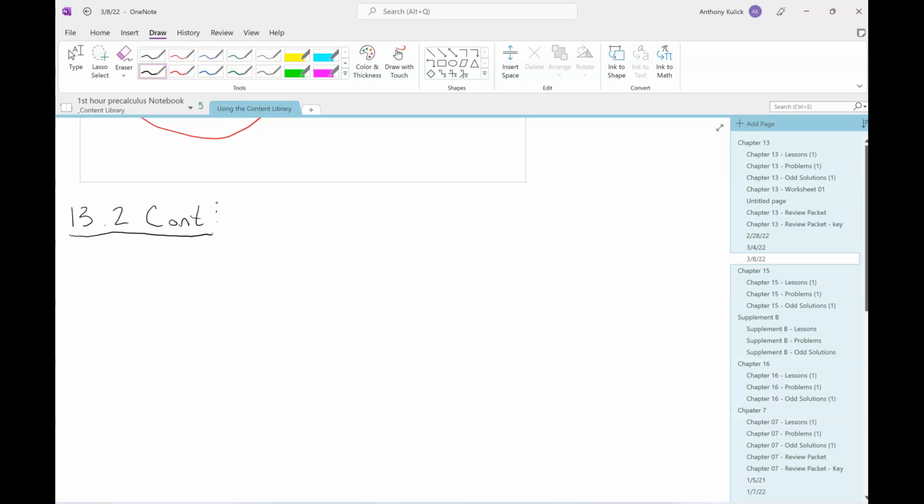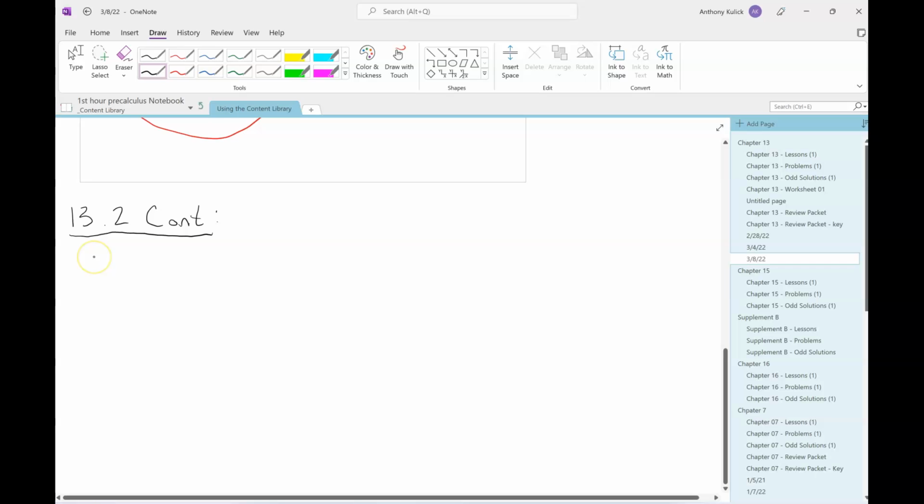So last time we had talked about polynomial division, right? So for example, we would have something like 2x squared minus 5x plus 4 divided by x minus 2.